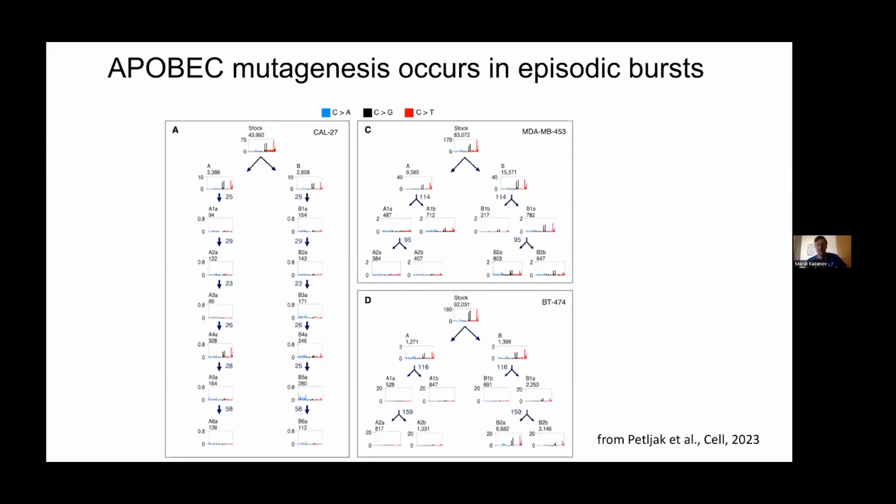What is interesting about Apobec mutagenesis is that researchers found that it has episodic activity. When some cell lines were sequenced, the researchers found only episodic activity of Apobec mutagenesis, and it is not clear what is associated with this burst of Apobec activity.